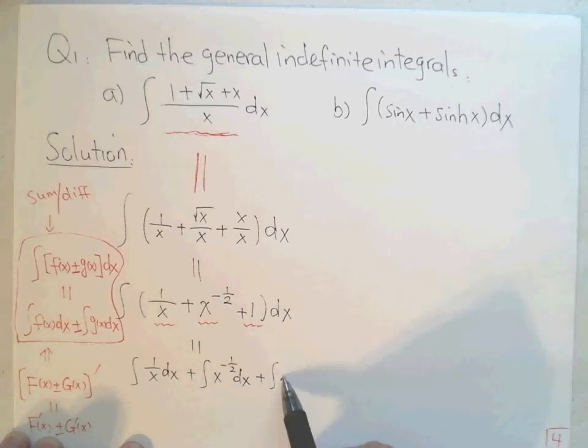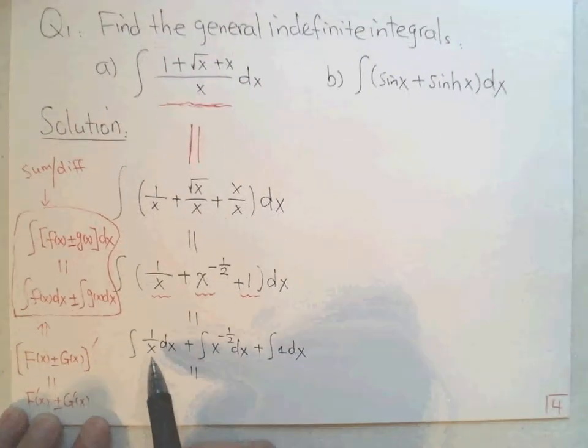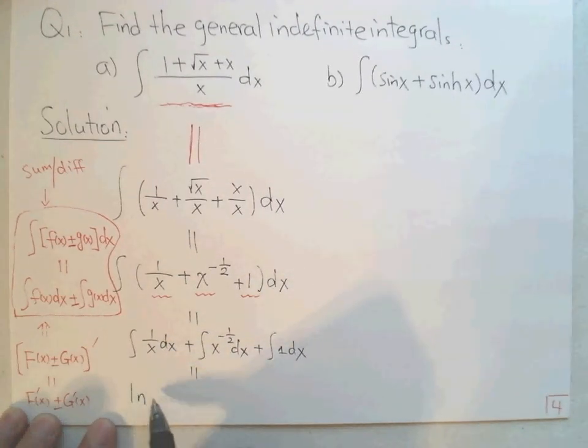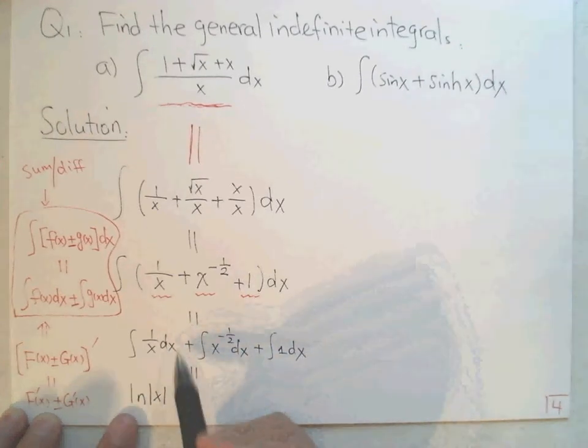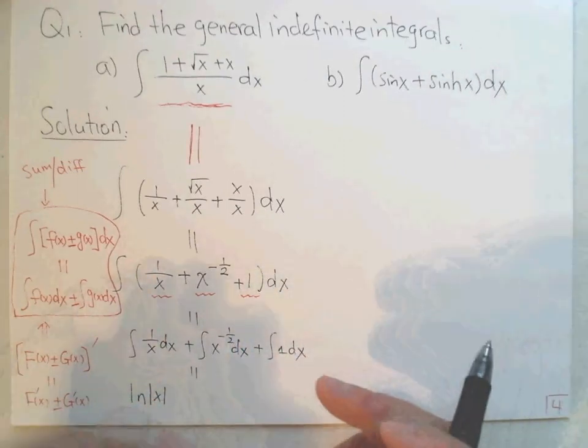The last is 1 times dx. So the first is a reciprocal, so we just have a formula: it's a ln function, ln of x, but don't miss the absolute value. Plus c1, plus c2, plus c3, all the constants we put at the end.